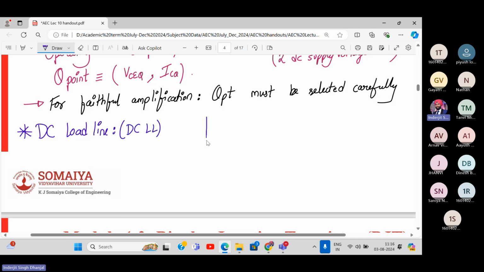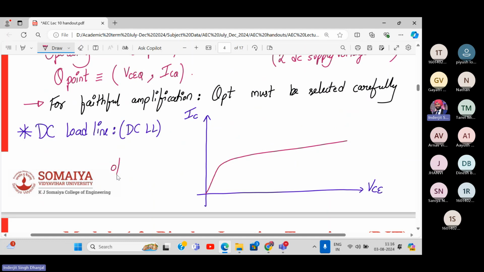So let's plot the output characteristics graph of an NPN BJT in common emitter configuration. So how does the graph look? All of you will agree that this is what the graph says, correct? This is the output characteristics in common emitter mode. Yesterday we have only seen it, right?